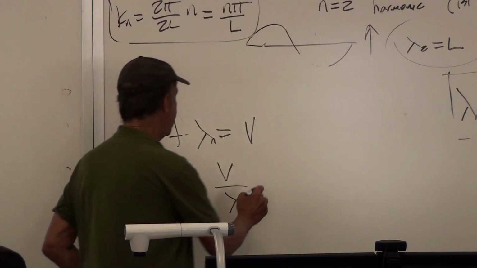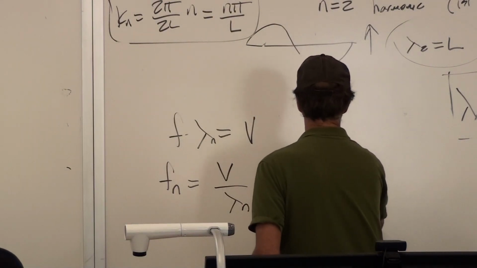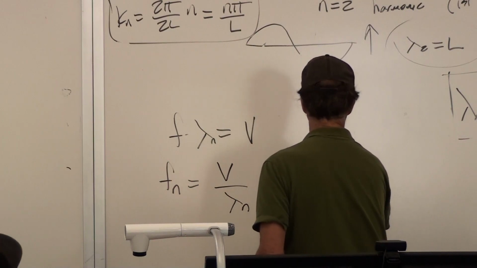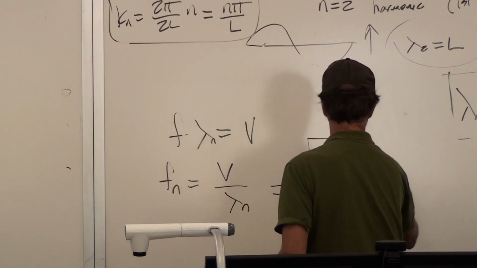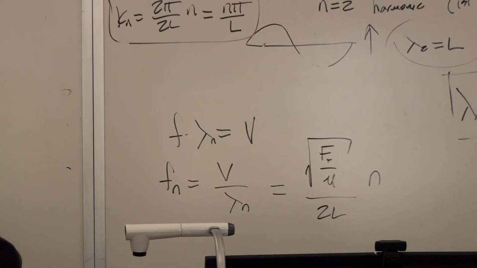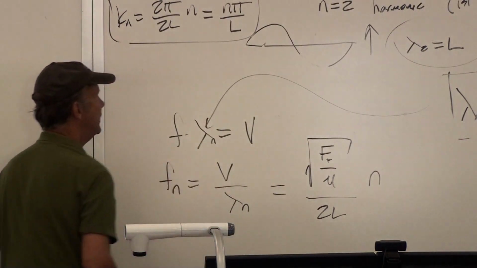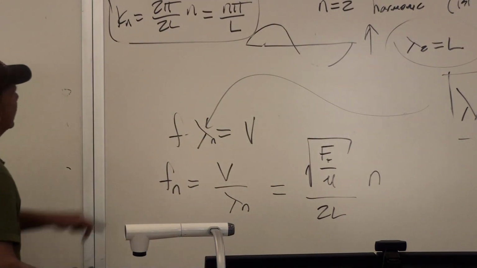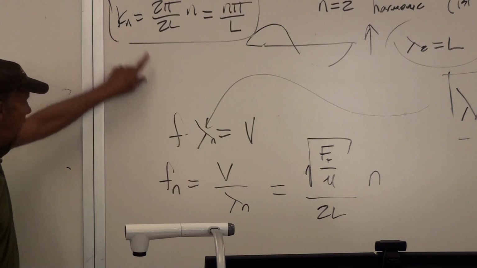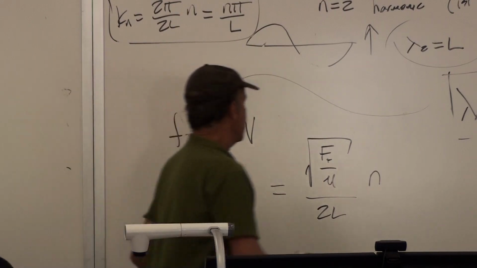And so we could rewrite this as being the square root of the tension in the string divided by the mass per unit length, divided by 2L over n. Okay? Just using the fact that we have lambda n in there. So we use lambda n to get k_n, but here we're using lambda n to get the frequency of the nth harmonic. Okay?